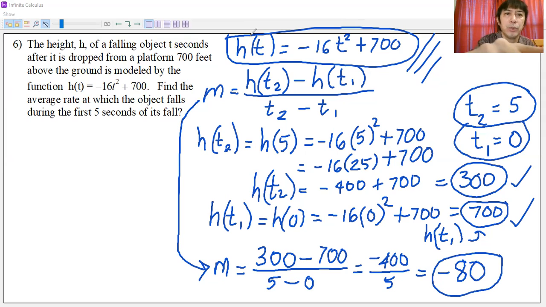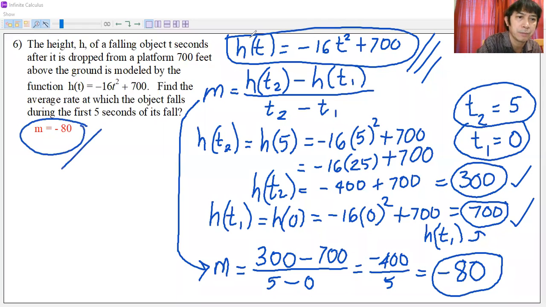And that should be it. The answer is over here: m equals negative 80. In units, that will be feet per second. Remember, in rate of change, it's one unit divided by another unit.